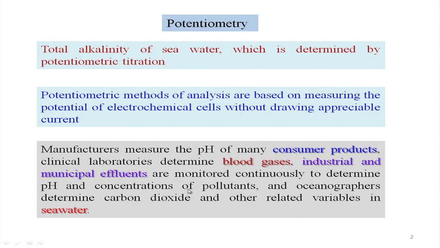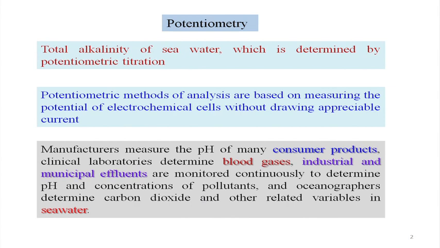So, by directly inserting those electrodes into the container taking your effluent, you can go for potentiometric estimation for determination of the pH and the amount of the species responsible for giving you that pH of your municipal effluent.